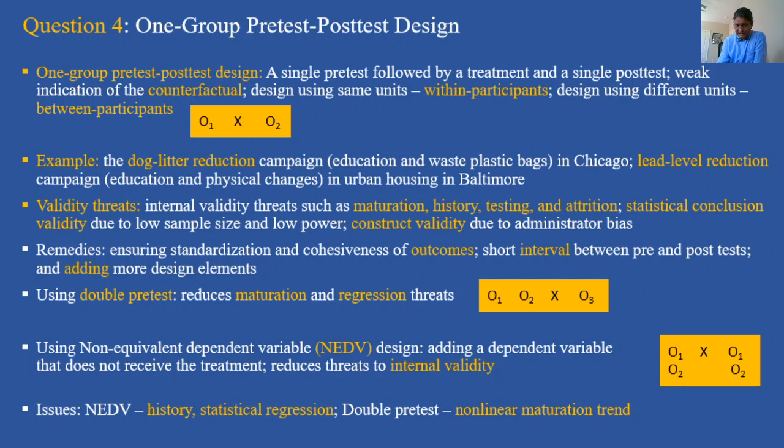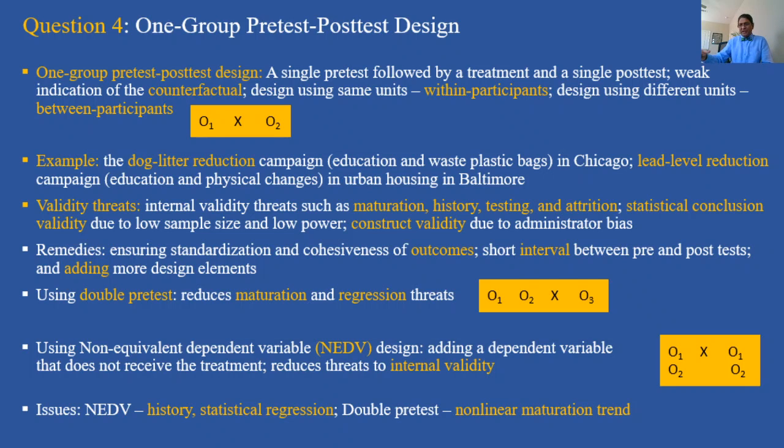So adding a pre-test, which was not there in the earlier design that we saw, provides information about the counterfactual, which is weak, but still it does provide some indication of the counterfactual. As we studied in earlier chapters, the counterfactual is what would have been without the treatment.